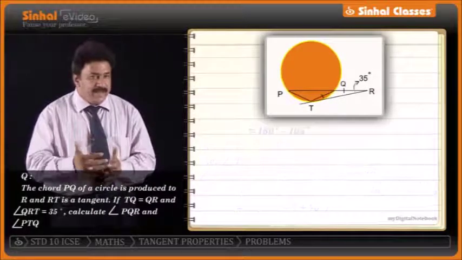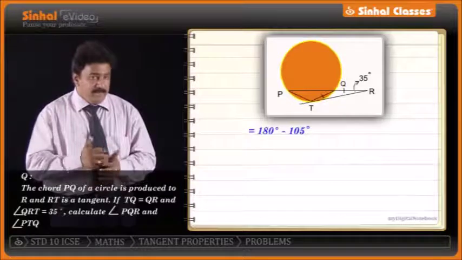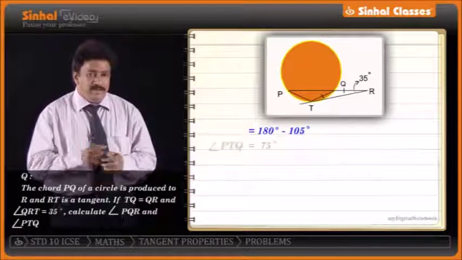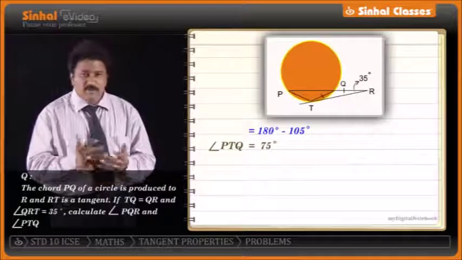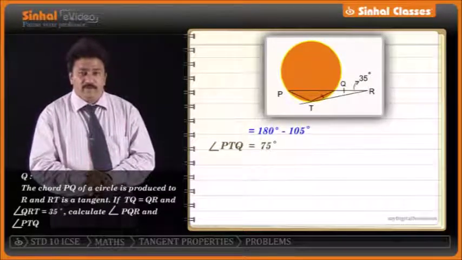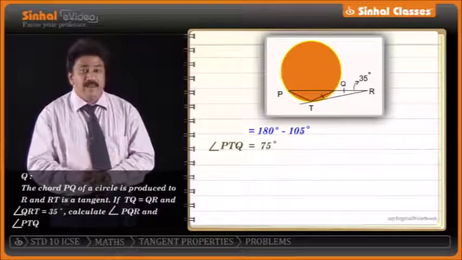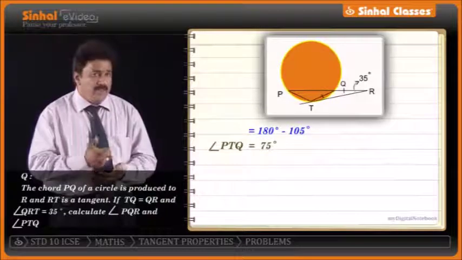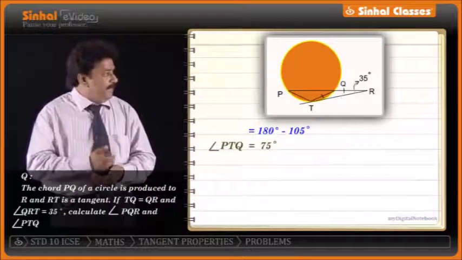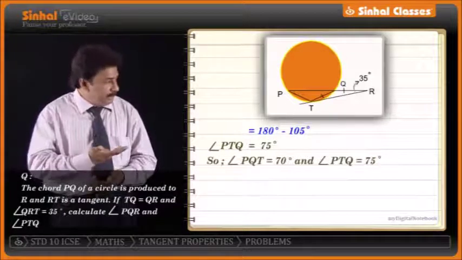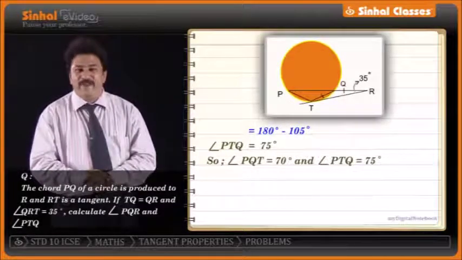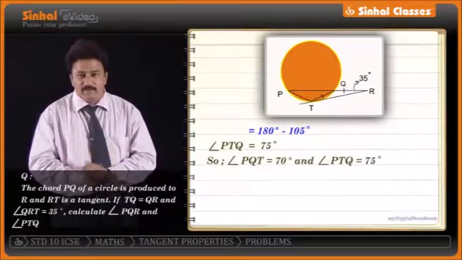That is 180 minus 105 degree, which is 75 degree. So I got the measurement of angle PTQ also, that's nothing but 75 degree. We got angle PQT as 70 degree and angle PTQ as 75 degree. Sum gets over.